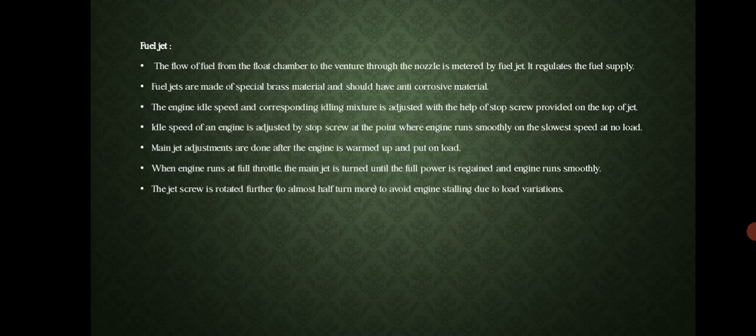Main jet adjustments are done after the engine is warmed up and put on load. When the engine runs at full throttle, the main jet is turned until full power is regained and the engine runs smoothly. The jet screw is rotated further to avoid engine stalling due to over-variation.